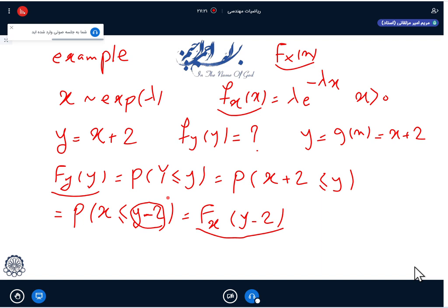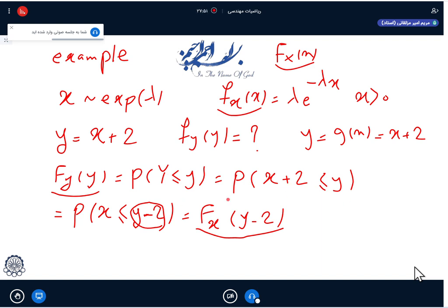I repeat the explanation of this example. X has an exponential distribution. We know that y is equal to x plus 2. We want to compute the PDF of y. First of all, we find the CDF of y. This is the definition of the CDF of y, and we should establish a connection between y and x, and we know that y is equal to x plus 2.